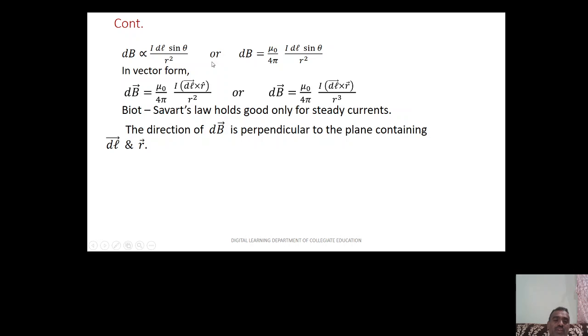If you combine all these statements, dB is proportional to I dl sin theta divided by r squared.